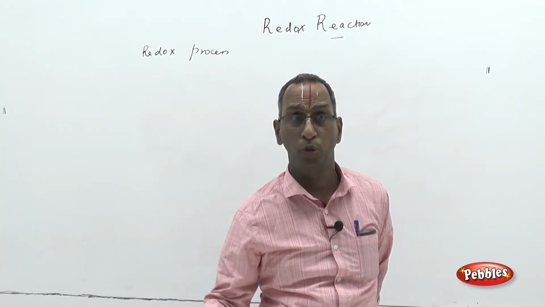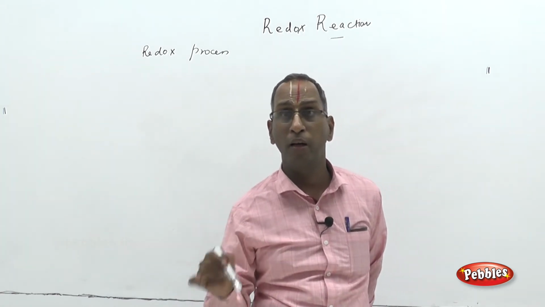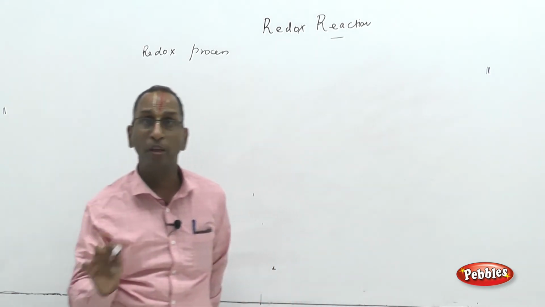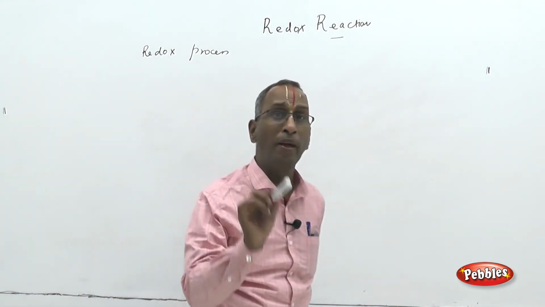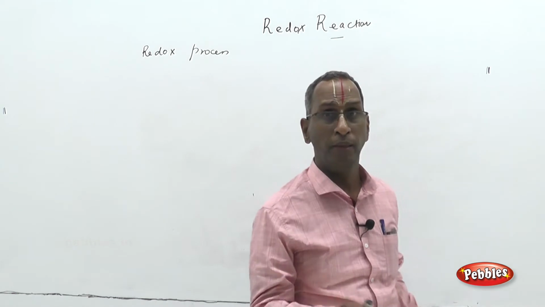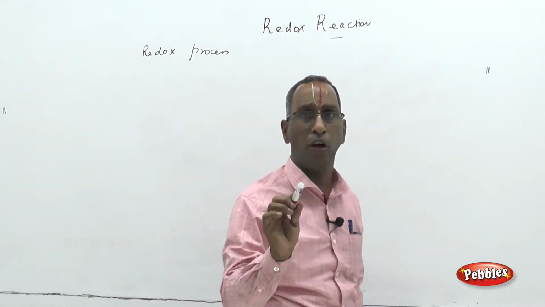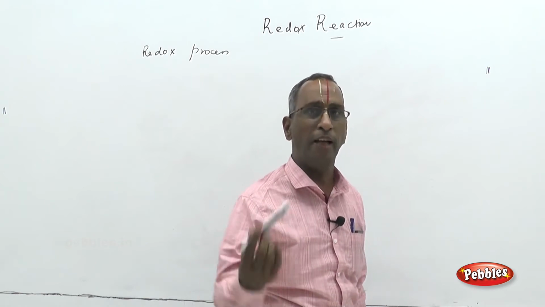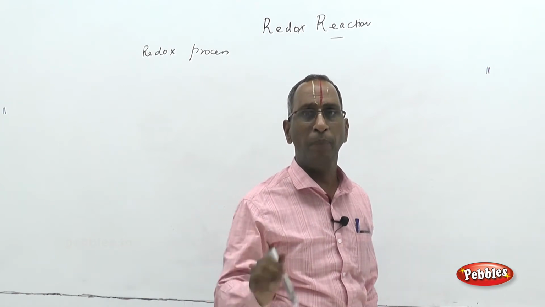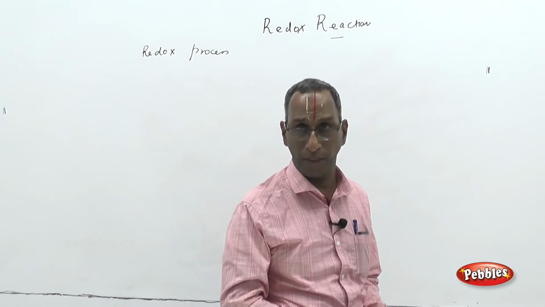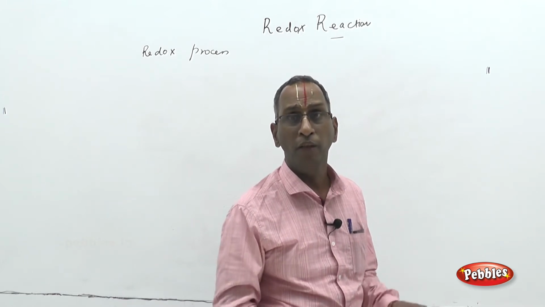Here we have to recall what is meant by oxidation number and how it is to be calculated. So now we will have a brief definition or outlook of oxidation number, then we will see the in-depth aspects of oxidation number and its calculation in different compounds.